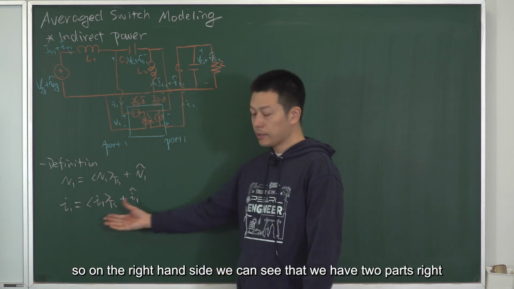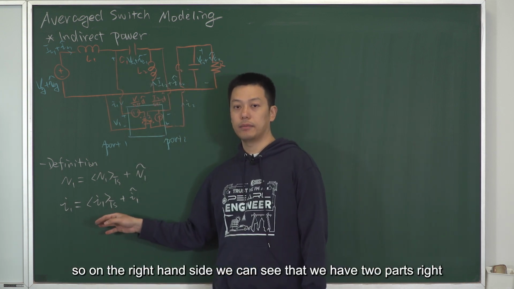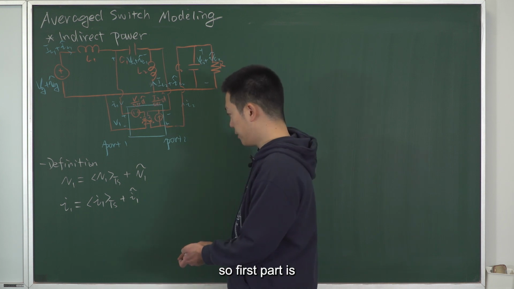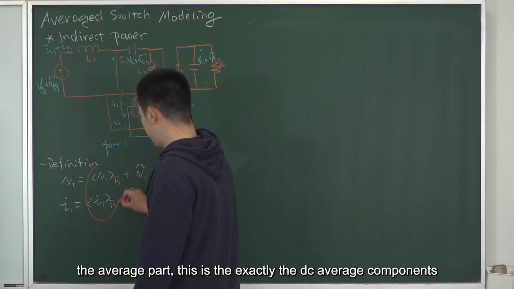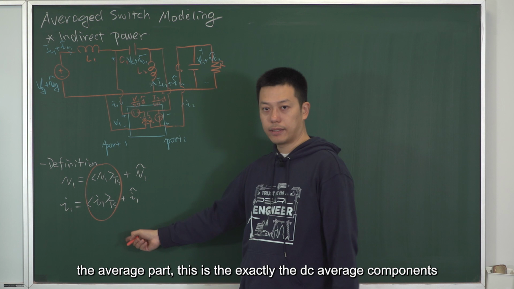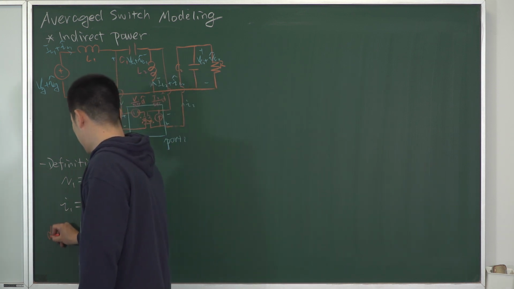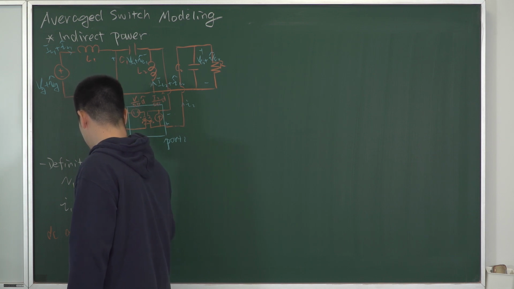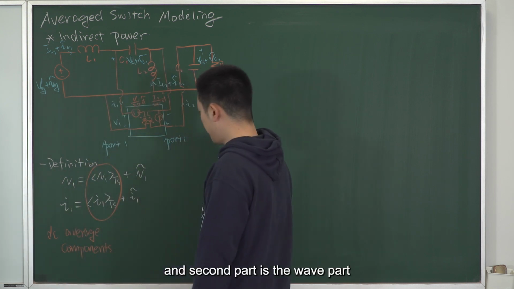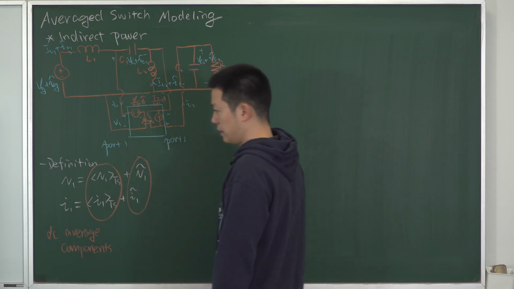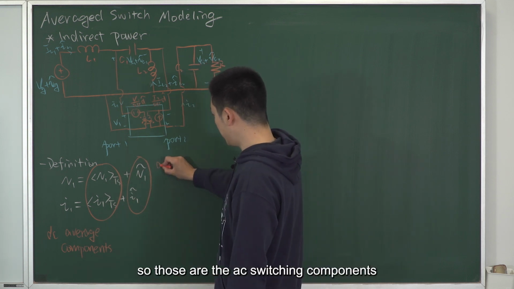It is decomposed into two parts, I1 average plus I1 wave. So on the right-hand side, we can see that we have two parts, right? So first part is the average part. This is exactly the DC average components. And second part is the wave line part. So those are the AC switching components.